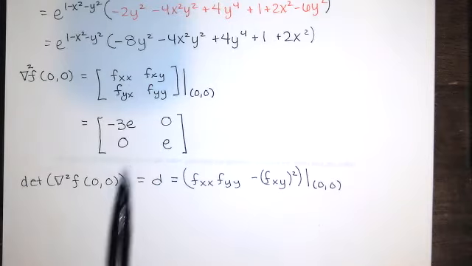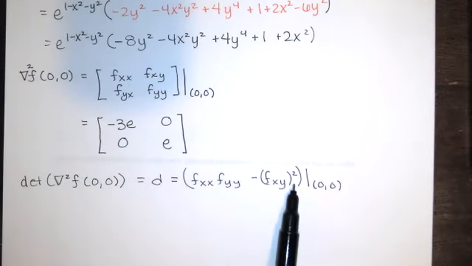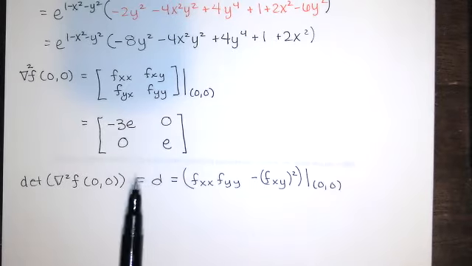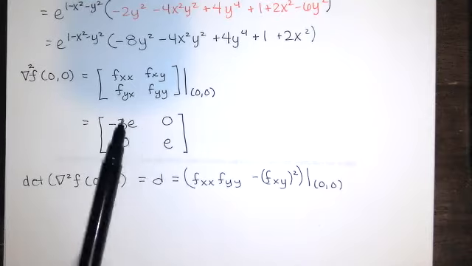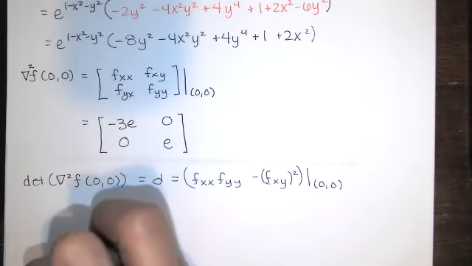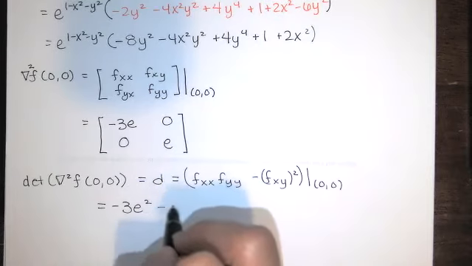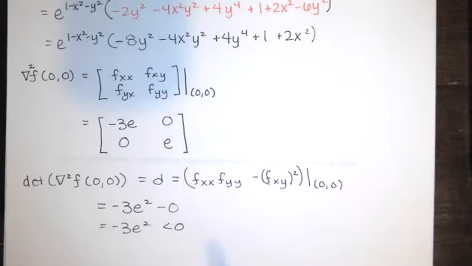So if your teacher hasn't introduced you to this matrix, you can just find those three partial derivatives and plug in 0, 0, and you're going to get the same thing as if you were to take the determinant of this matrix. So multiply across this diagonal, we get negative 3e times e is e squared, minus 0, which is of course negative 3e squared, and that's negative.